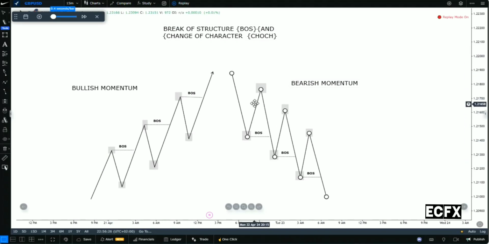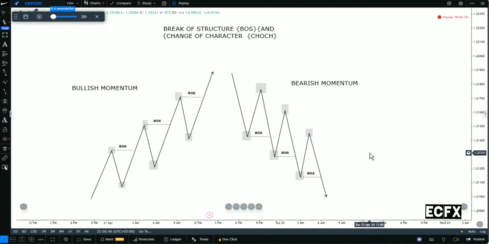So instead of breaking highs here, we are breaking lows, right? So that's why we call this bearish and this bullish. And so I hope everything here was clear to understand. If you guys do not understand, please let me know so I can do my best to explain it to you in an easier to understand way.